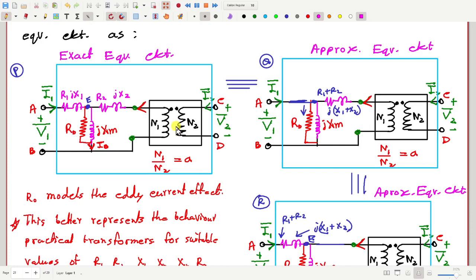There are many other things which we are not considering here, like interturn capacitance. But this first circuit is very close to the actual behavior of a transformer under normal operation. Comparatively, the second and third circuits have a little more approximation, so that's why we call them approximate equivalent circuits.